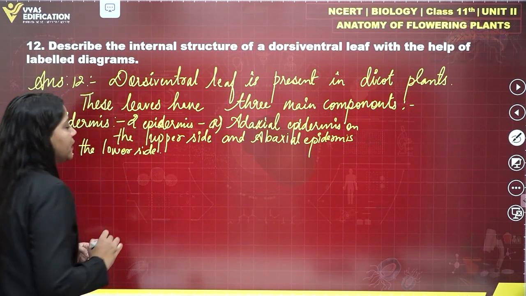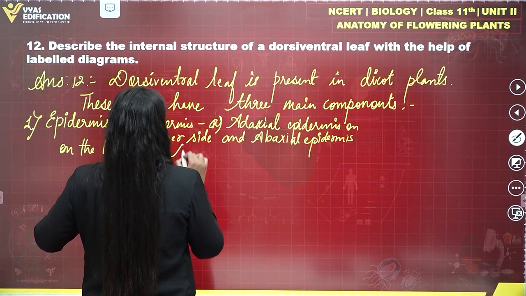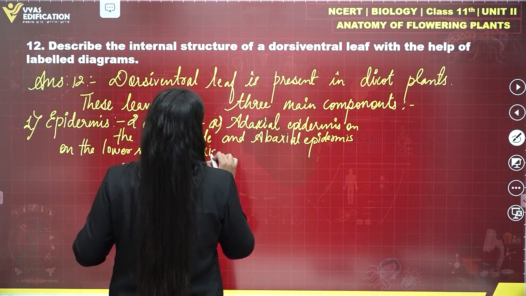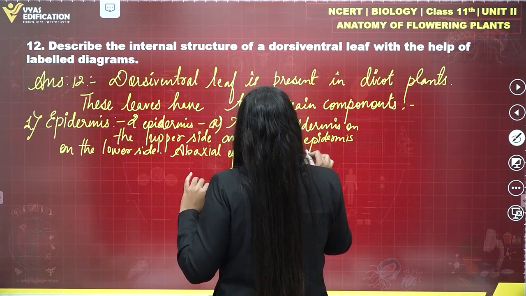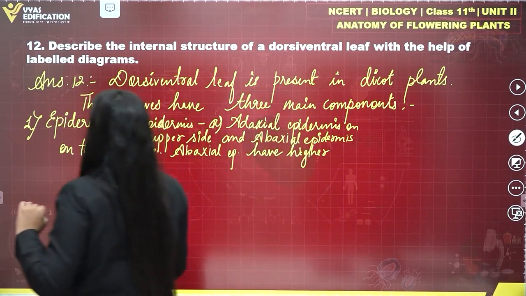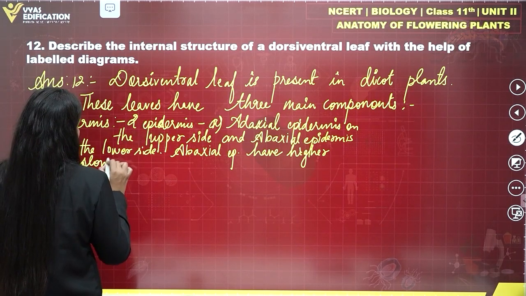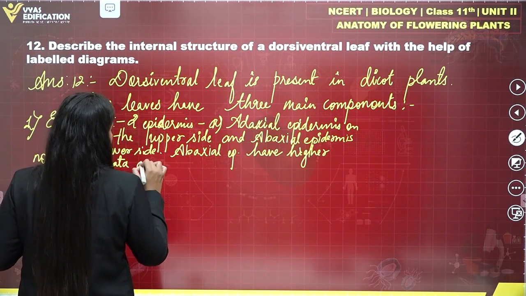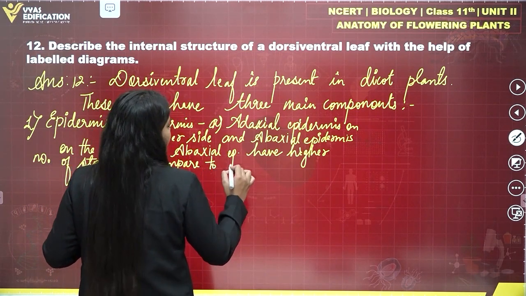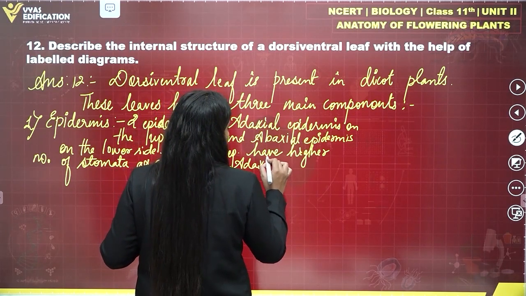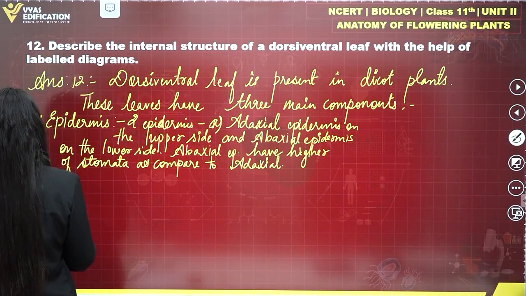Now this abaxial epidermis has a higher number of stomata as compared to adaxial epidermis. Now let's come towards the second thing, that is mesophyll cells.